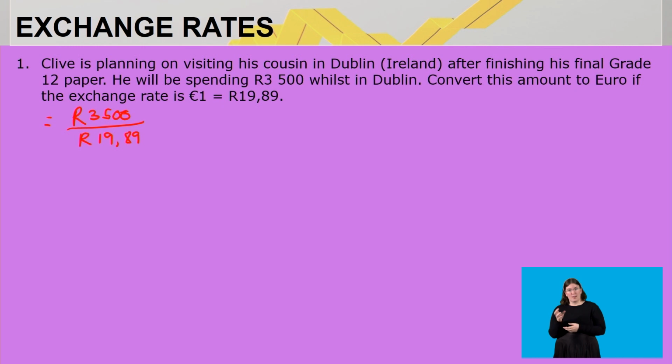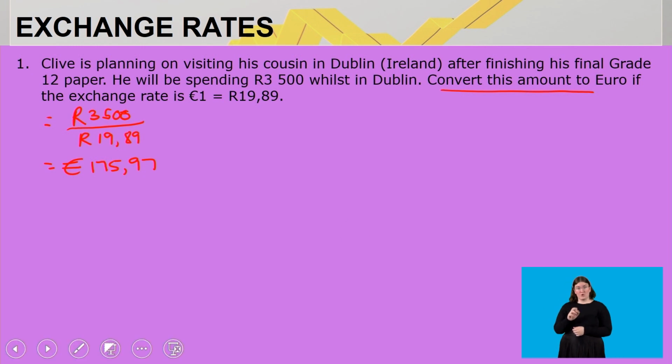So that will give us, remember this is now in euros, it says convert this amount to euro. So it's 175, and I'll round it off again to 2 decimal places, 97 euros. Okay, are we fine with that? I took my South African rand, I divided by the 19.89.